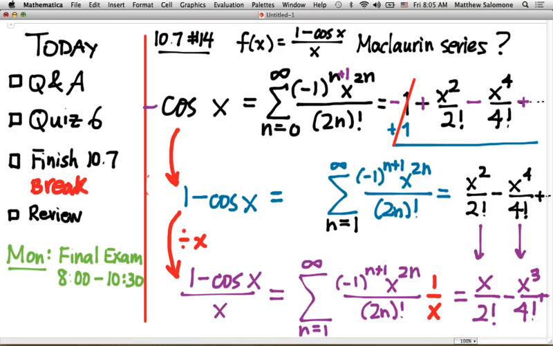If I have 2n powers of x on the top of my fraction and I have a single power of x in the denominator, how much do I have in total? There was a single power of x down here. Dividing fractions, the exponents subtract. And there is a formula for the general term of this Maclaurin series.